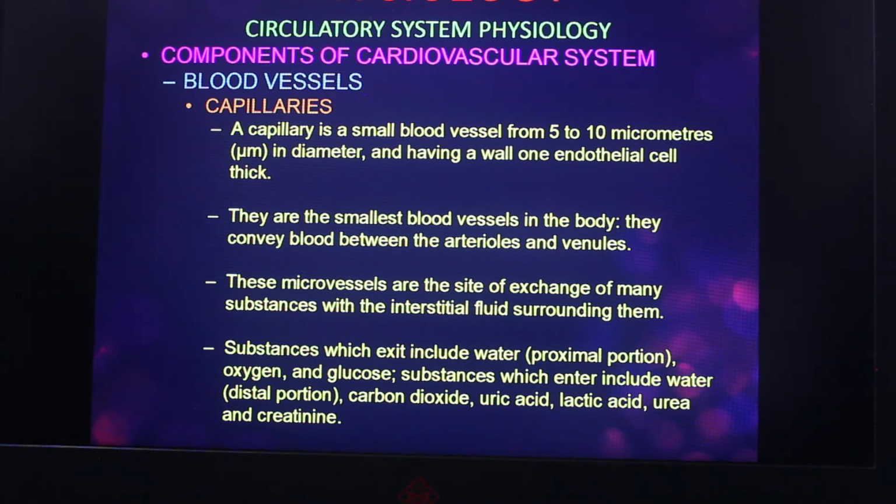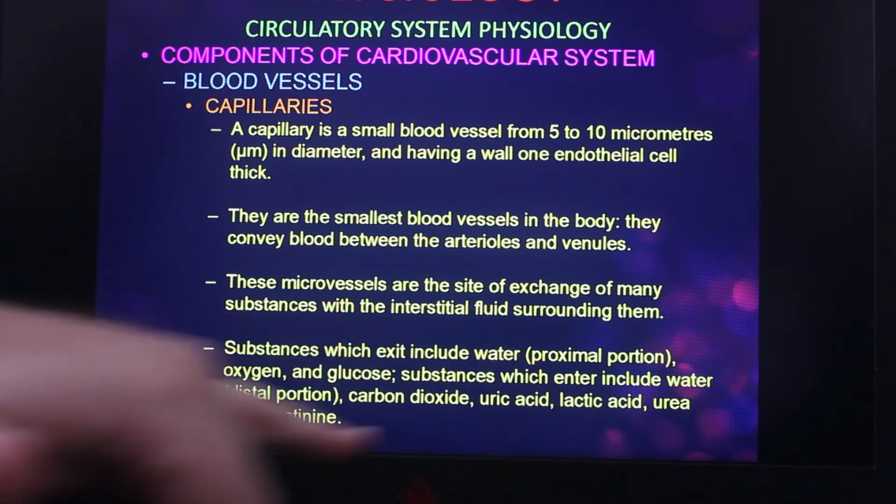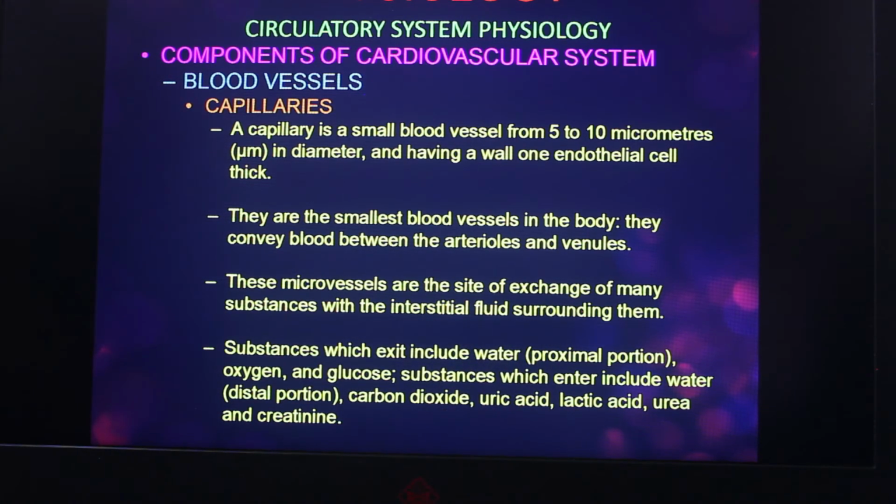Substances which enter into the capillary system, at the venous side of the capillary or the distal portion of the capillary, include again water, carbon dioxide, uric acid, lactic acid, urea, and creatinine, the latter being the end products of the metabolic activities taking place within the cell.